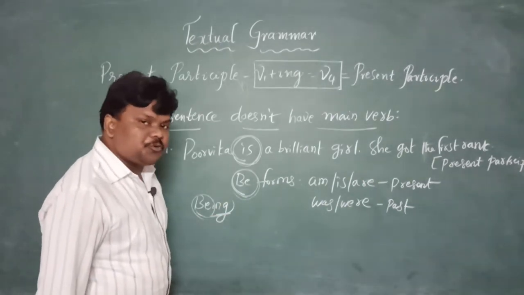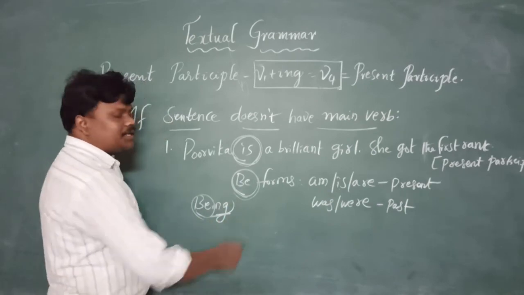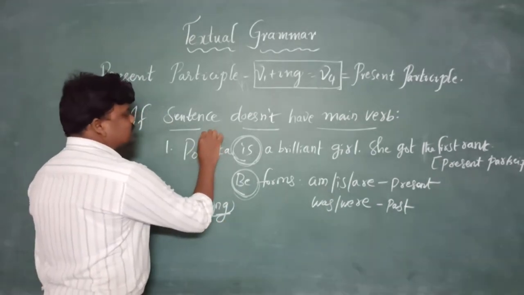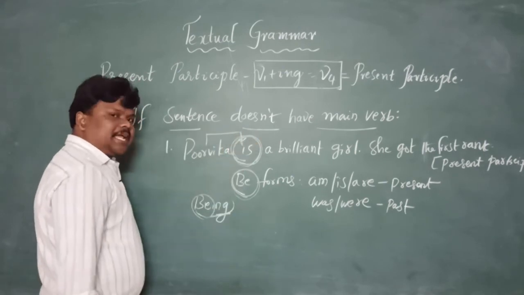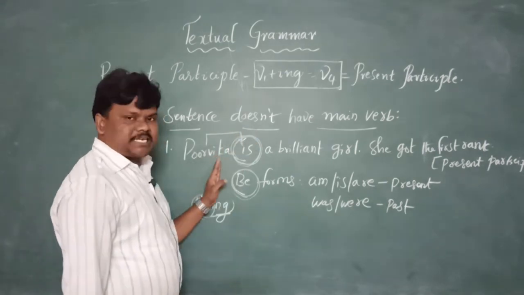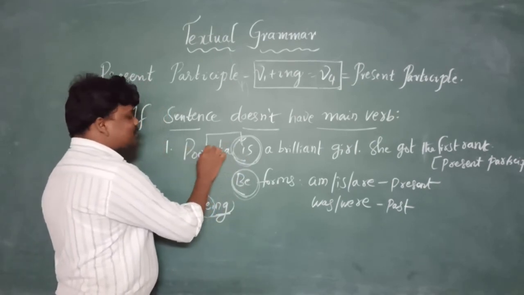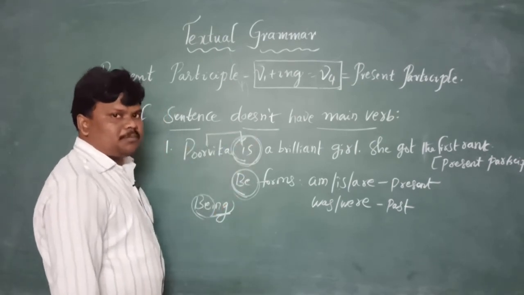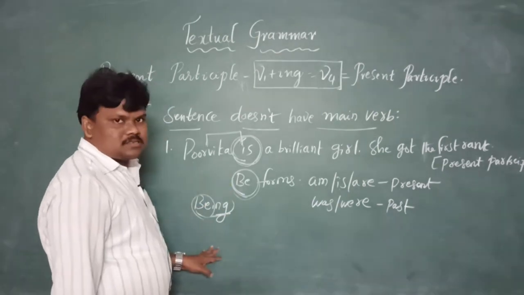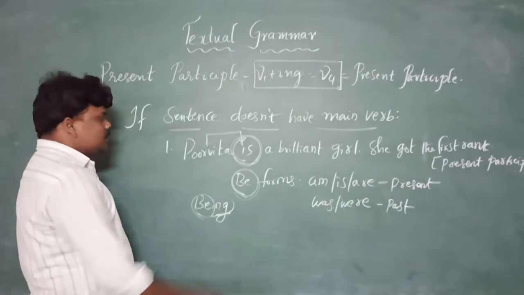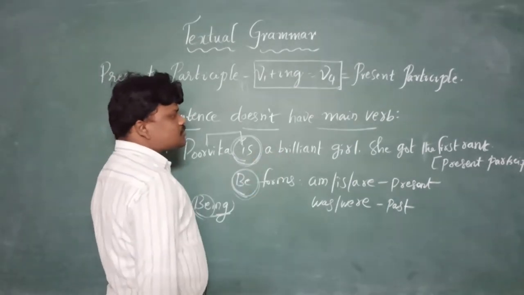What is the new word here, my dears? Being is a new word. Okay? Right. If the first sentence doesn't have any main verb after the subject, if it has a helping verb after the subject without any main verb, try like this, being compulsory. So the sentences are: Purvika is a brilliant girl, full stop. She got the first rank.